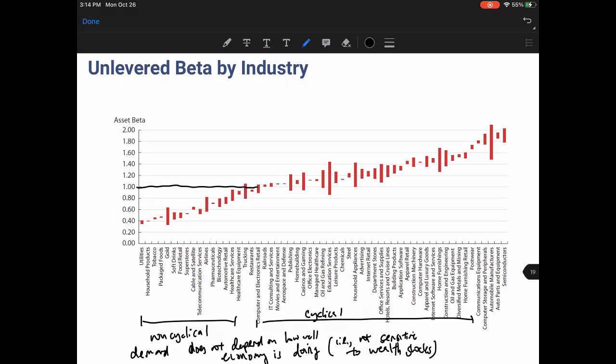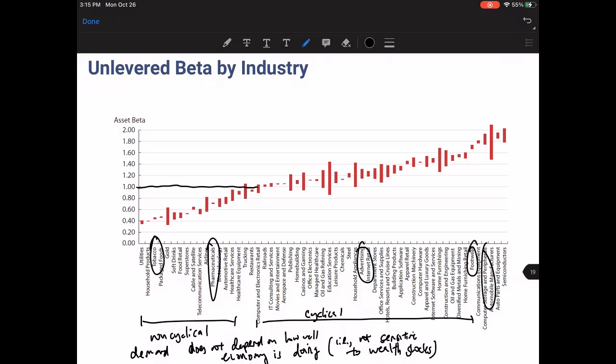Because things like tobacco and pharmaceuticals, these are things that people typically demand regardless of how well the overall economy is doing. But things like footwear and advertising and cars, these typically move very strongly with how well the economy is doing.